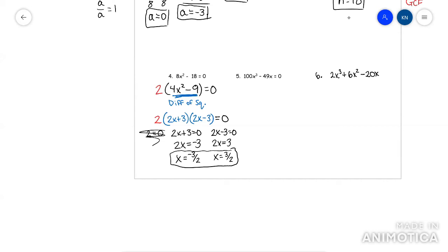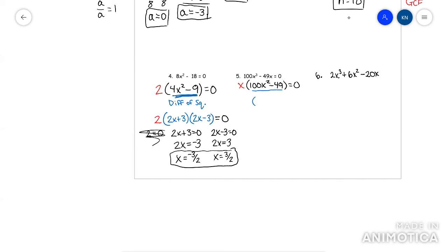Okay, this next one, they're both divisible by an x, just x. You take that out and you would have 100x squared minus 49 equals 0. This is another difference of squares here. So root the first part, root the second part. The root of 100x squared is 10x. The root of 49 is 7.